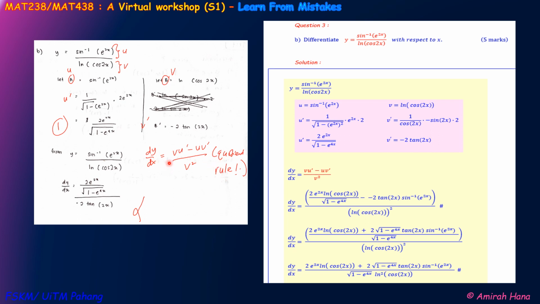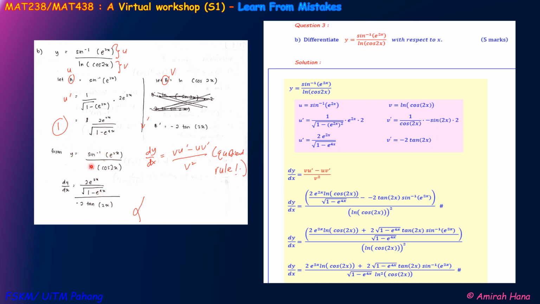Normally we use vu prime minus uv prime over v squared. Tapi kalau nak pakai simbol a pun boleh. Tapi make sure lepas tu ada a prime and then b prime and then masuk dalam formula ni dia akan jadi b a prime minus a b prime over b squared.